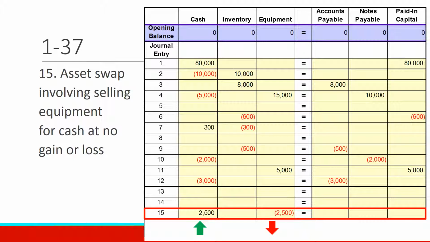So what this is saying is there's no gain or loss in this transaction, and therefore we have just a plain vanilla asset swap. Equipment is leaving, hence a drop of 2,500 euros, and cash of 2,500 is being paid to us.